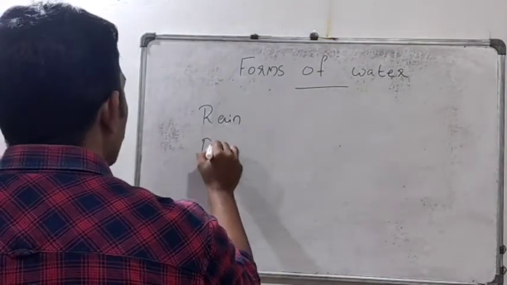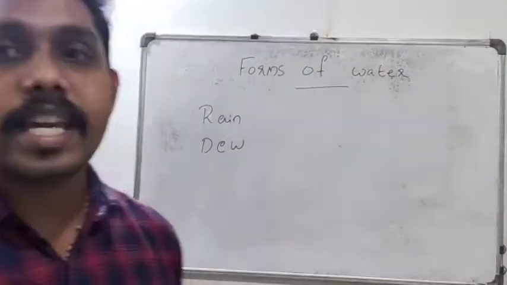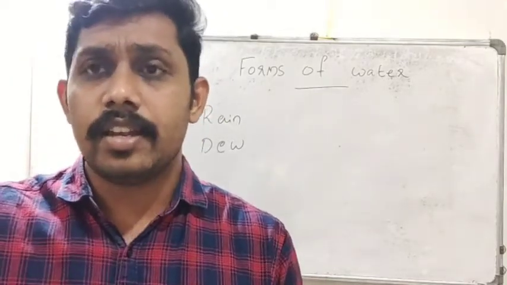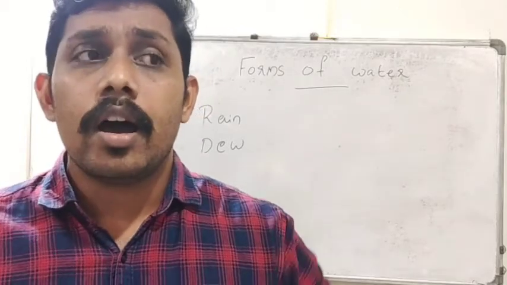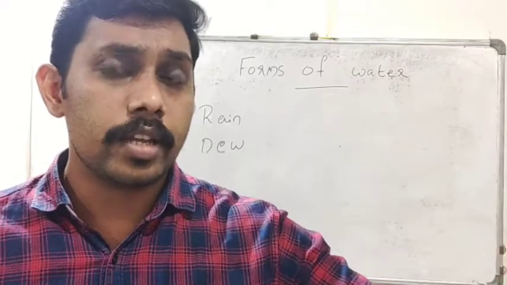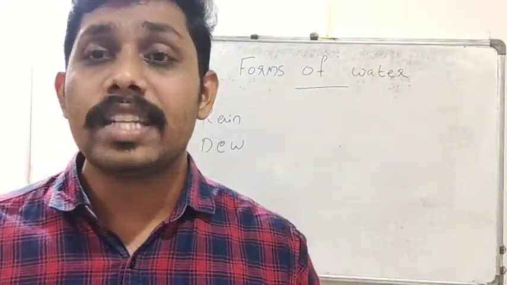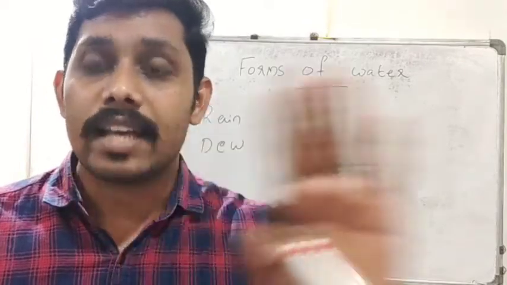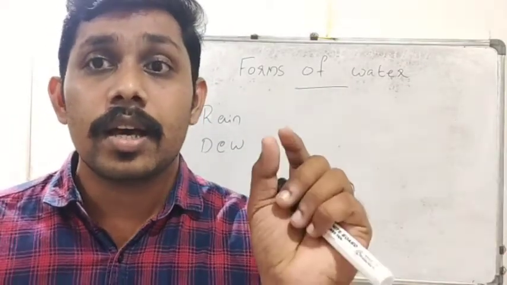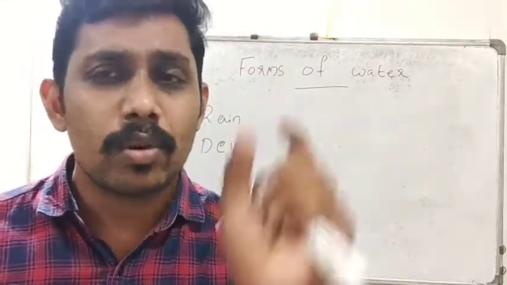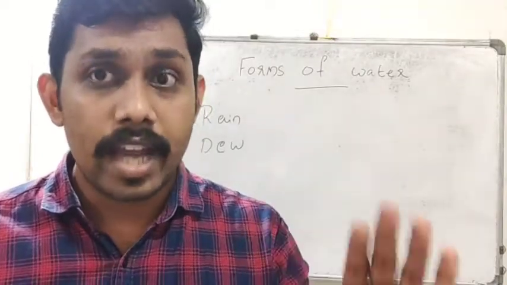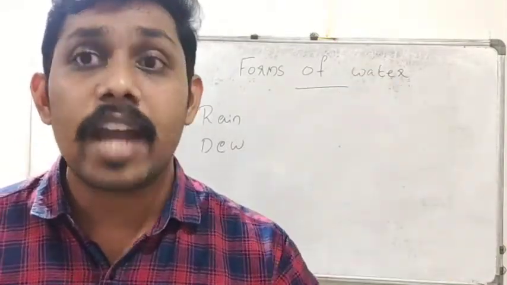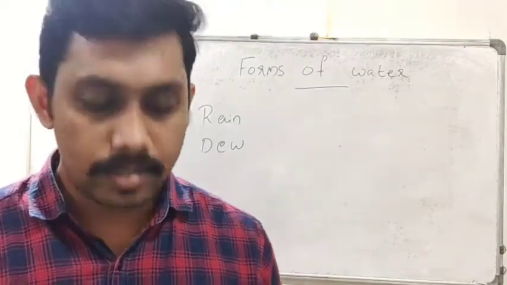Now the second form is dew. D-E-W, dew. My dear students, on cold nights, when we go out of the house in the morning, we can see tiny water droplets on our window, on glass, on a spider web and on flowers, because there is no rain at night.